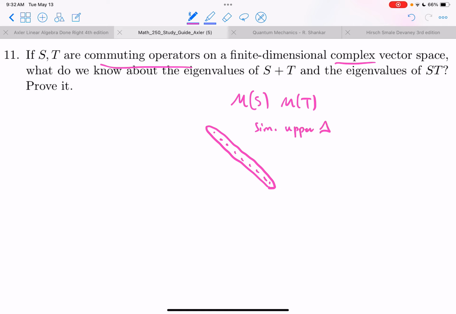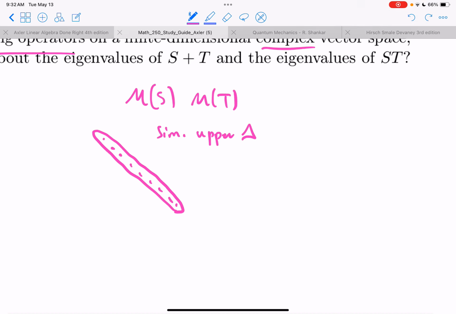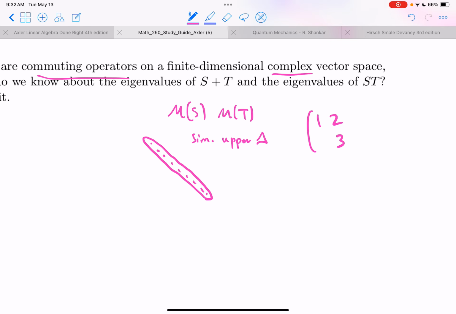And then when you multiply these matrices, the diagonal entries of the product will just be the multiplication of the diagonal entries. So, let me just show you an example. 1, 2, 3, 3, 4, 5. So if I multiply these out, what I'm going to get is 3, 0, 4, 15.